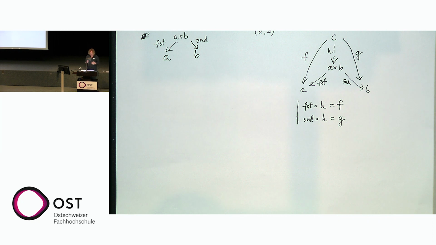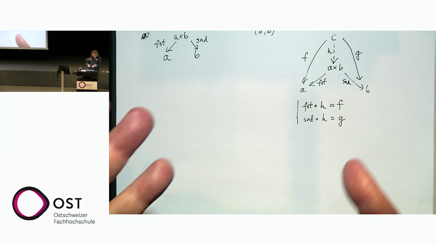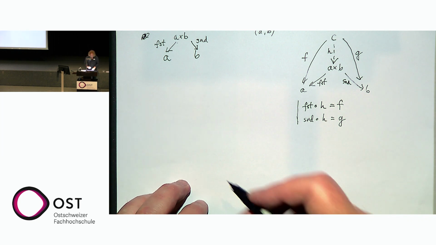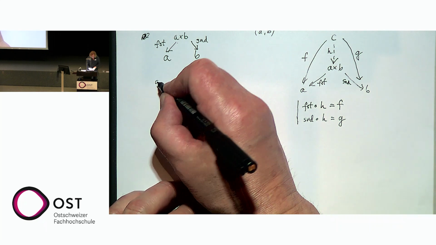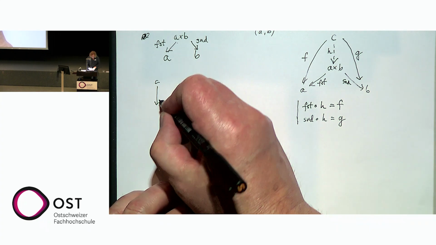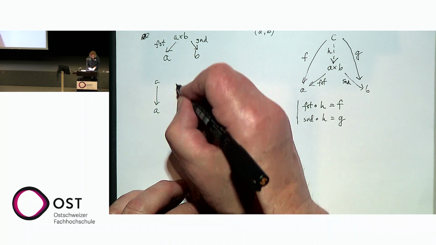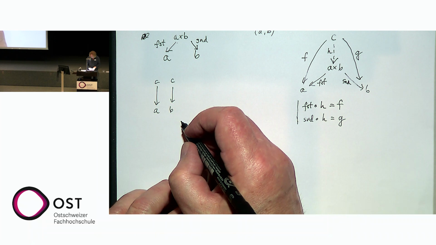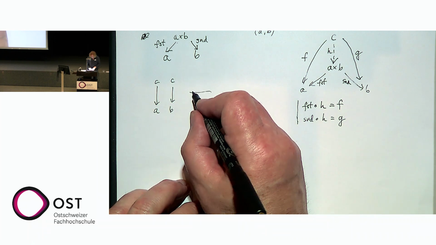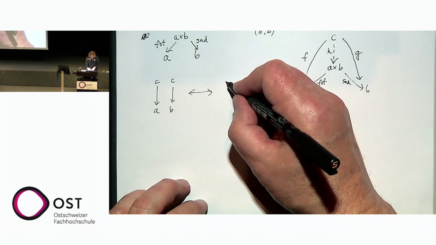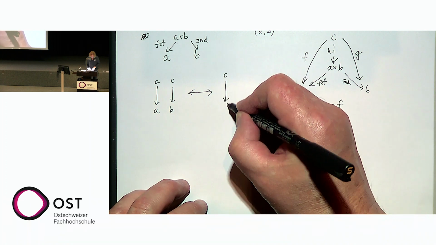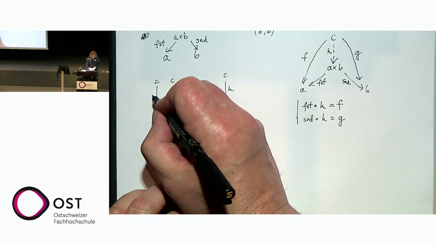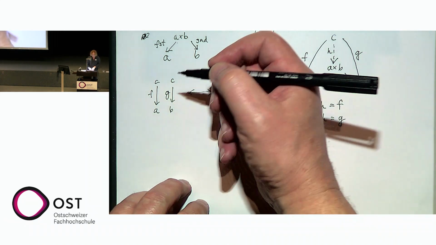Because now I will actually write some code using this amazing property. Okay, so another way of looking at this property is that I can always replace a pair of arrows from C to A, C to B, right? I can always replace it with a single arrow from C to A cross B. So this is my H, this is my F, this is my G, right?